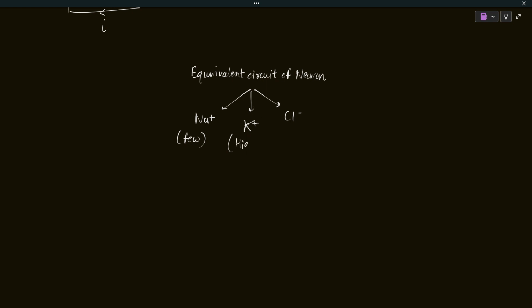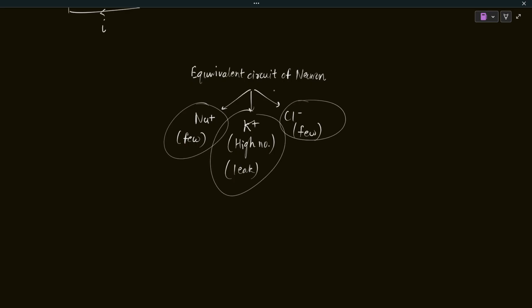So we have a high number of potassium ion channels. Here I'm talking about leak channels. The chloride ion channels are very few, and they allow the movement of chloride ions rarely, only during repolarization. During depolarization, only sodium ions are involved. During repolarization, potassium as well as chloride ions are involved.